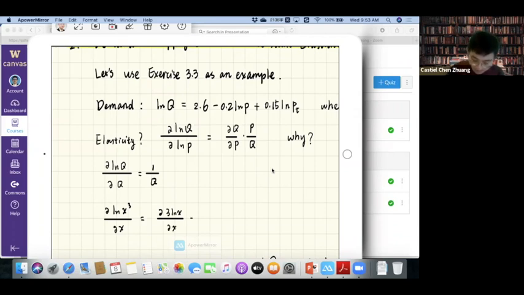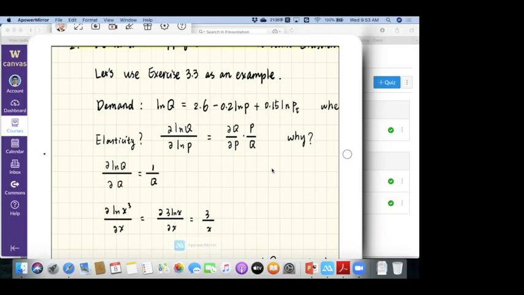So what you will get is 3 over x. And that's because in the denominator does it just become 1 if you take the derivative of just x?